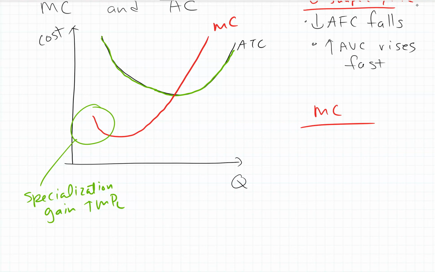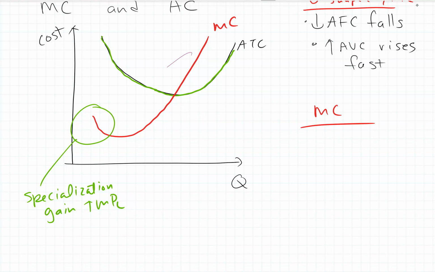So this is often there: you add more workers, and they're even more productive than the ones before. They cost the same, but the additional production is even greater. So your marginal cost is falling, right? Because the cost is going up the same, but the quantity is going up faster. So it's going to make this thing become smaller.